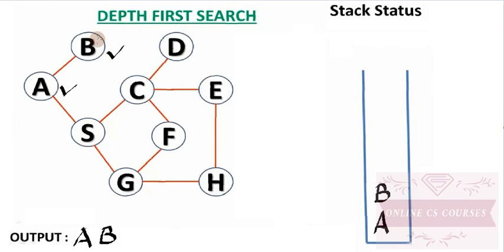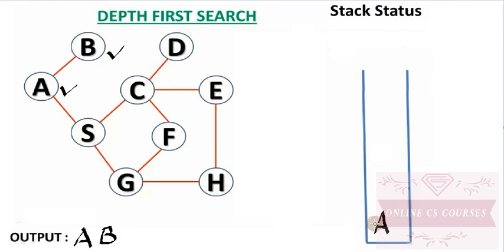Now we will check the unvisited adjacent vertices of B. So this is adjacent, but it is a visited vertex, and there is no other adjacent unvisited vertex of B. So we will pop B, because there is no unvisited adjacent vertex, and we write it in the output sequence.